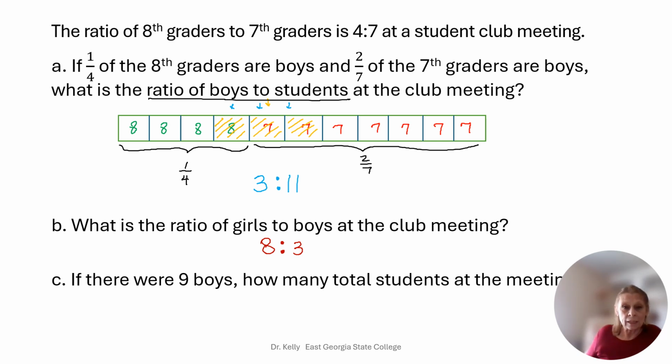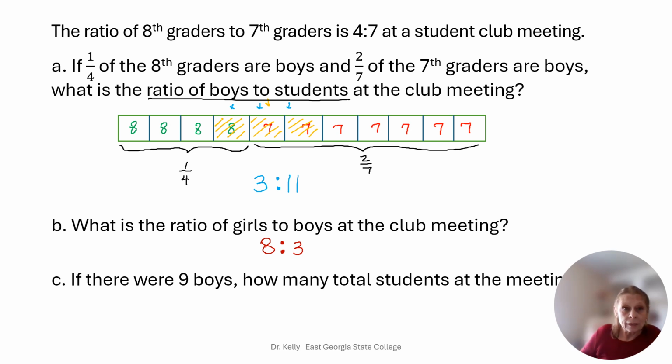And then let's answer this question. If there were 9 boys at the meeting, how many total students are at the meeting? Well, here what we're going to do is use the idea that we know there were 3 groups of boys.